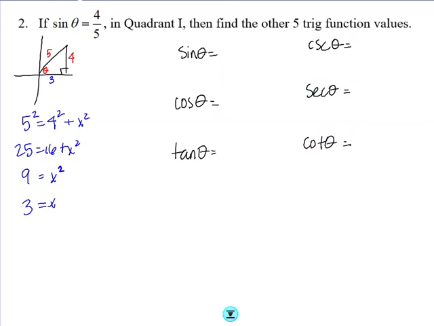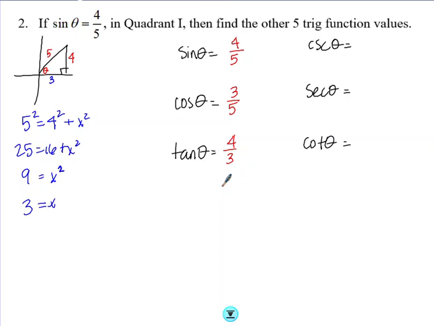So we are given sine of theta in the problem, which is 4 over 5. Now that we have this triangle, we can find cosine of theta, which is adjacent over hypotenuse, so 3 over 5. We know that tangent is opposite over adjacent, which gives us 4/3.